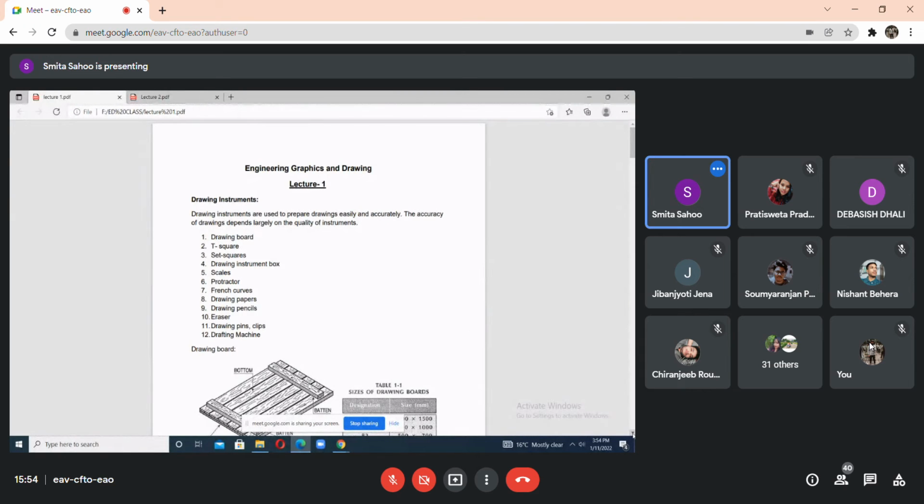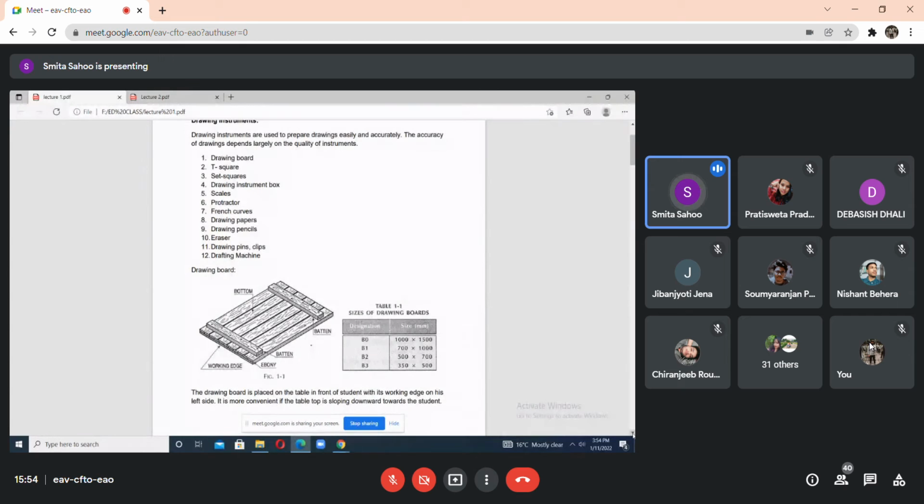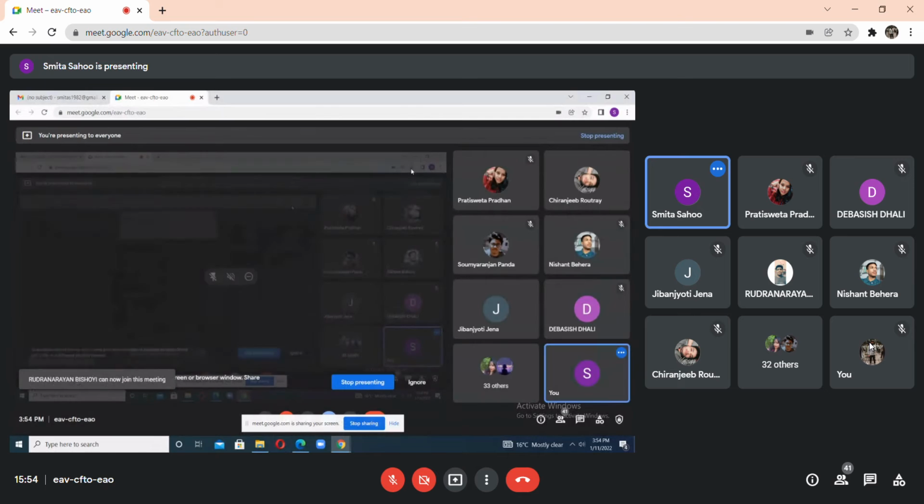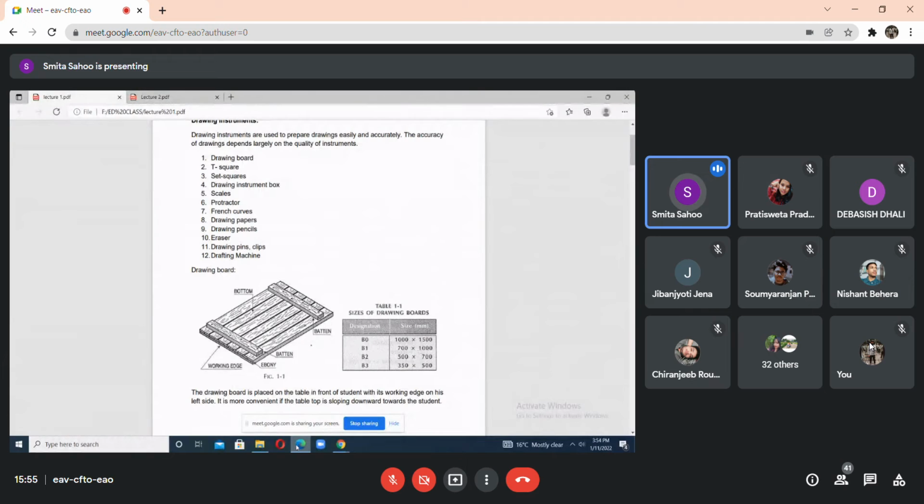Now we have the drawing board, and then the T-square, the set square, and the drawing instrument box, that is the geometry box, which contains all the other instruments such as the set square. Then we have the scale, the protractor, and the French curve to draw arcs and other ellipses.